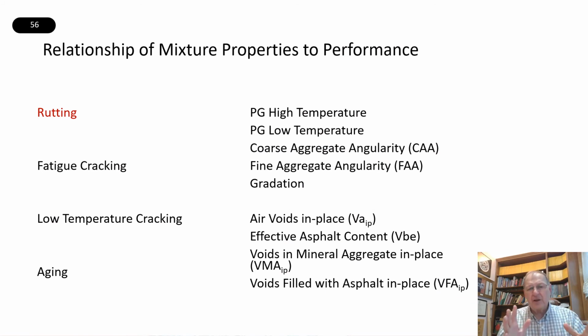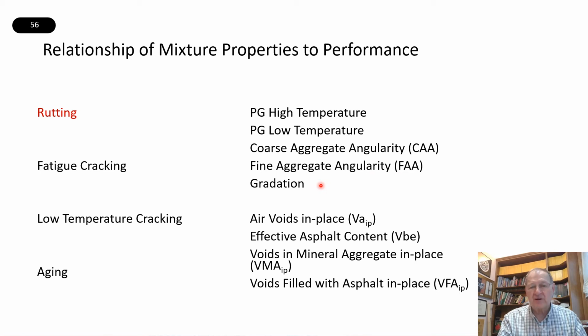So let's look at the big picture view of the relationship of pavement performance to the various different things that we put into our mixes. The high temperature grade and low temperature grade of our asphalt binder, the coarse aggregate angularity and fine aggregate angularity of our aggregate structure, and of course the gradation.